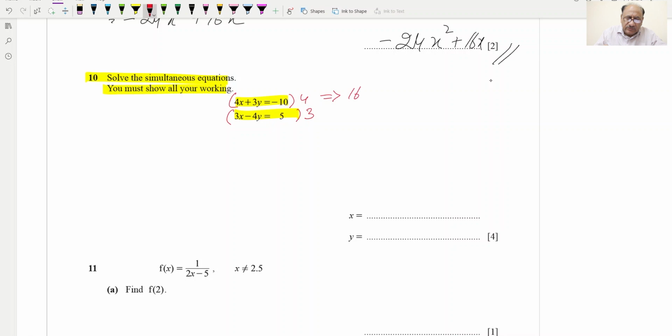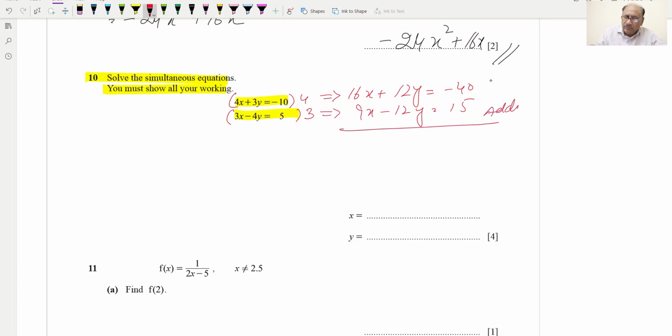This will be 16x plus 12y is equal to minus 40, and this implies 9x minus 12y is equal to 15, and after that we can add them.